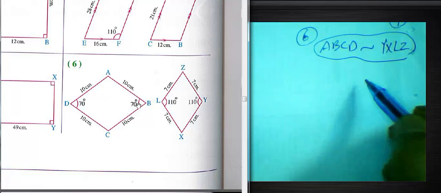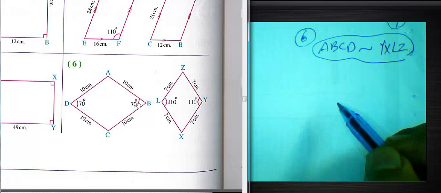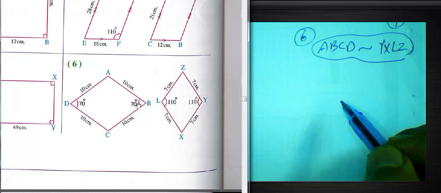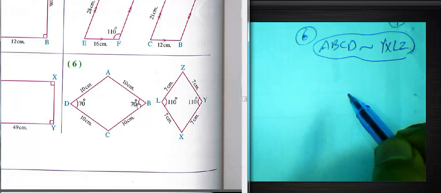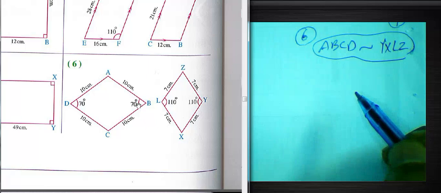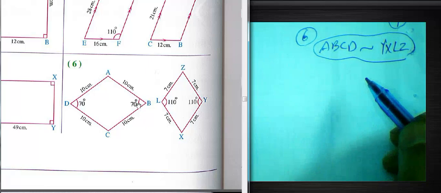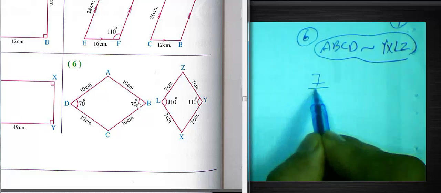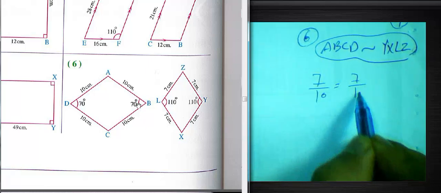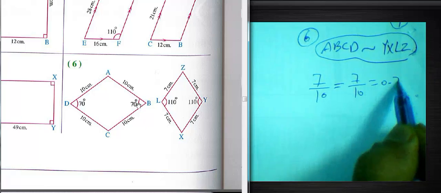It's easy because again measure of angle A equal measure of angle Y, measure of angle B equal measure of angle X, and each corresponding angles are equal in measure and each corresponding sides are proportional. Such as that 7 over 10, it will be 0.7.